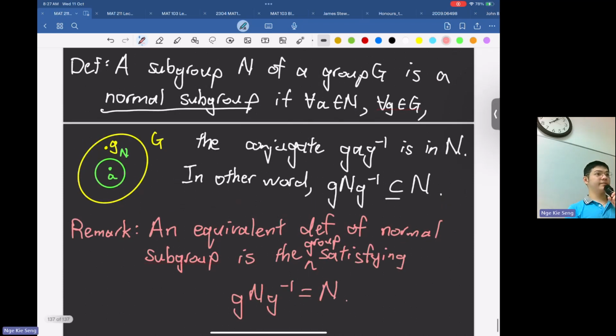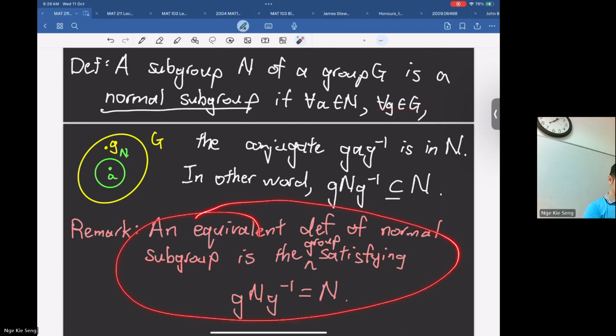They are equivalent. Obviously the equal sign implies the subset, but you can go from one subset inclusion to two subset inclusions. Try and think about it.